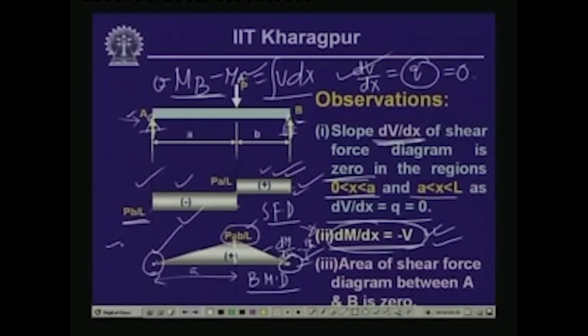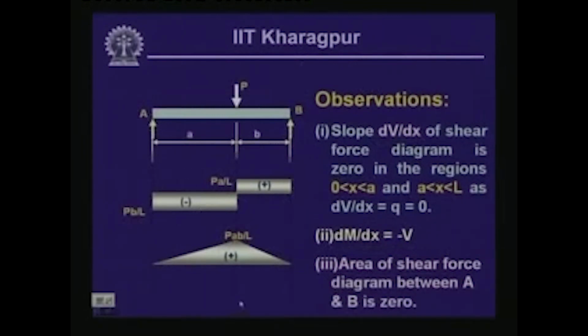So, this is minus Pab/L, and over this region we have Pa/L multiplied by b, which is positive. So, we have plus Pab/L. If we sum them up, this gives us 0. So, again this satisfies that the area of the shear force diagram between A and B is equal to 0. So, these are the observations from this particular diagram.